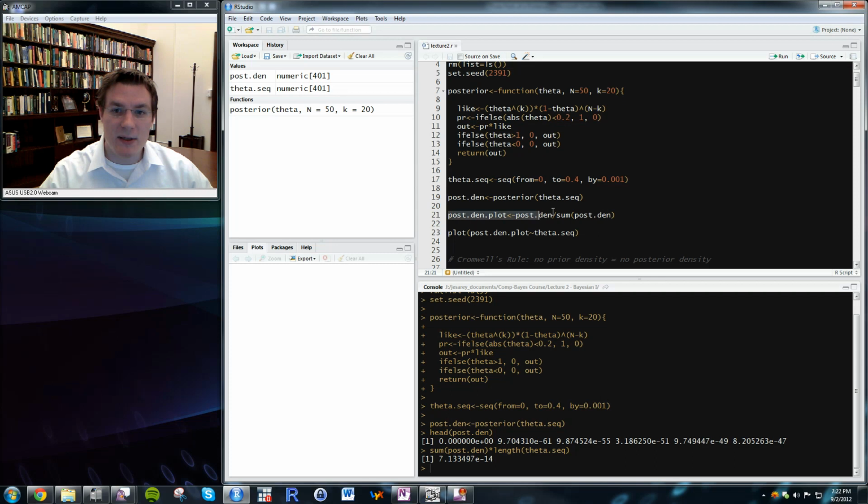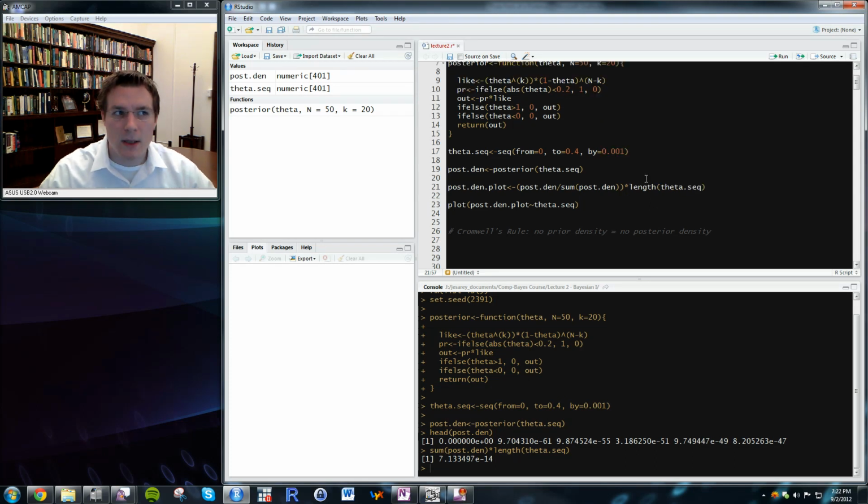So I'm going to correct this normalizing constant right now by taking my posterior densities and dividing by their sum, and then I actually need to multiply by the length of the theta sequence. So what I just did is force the series of samples to sum up to 1.